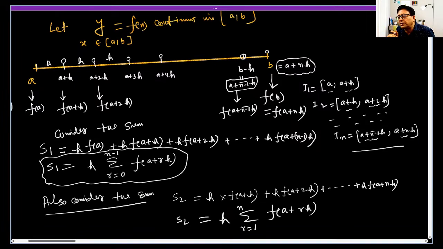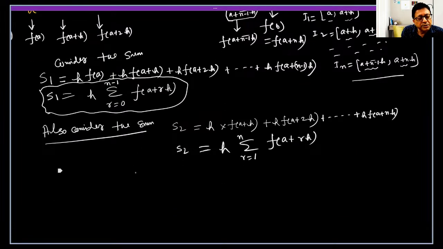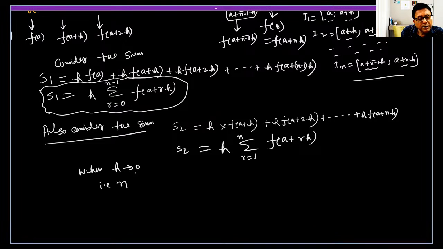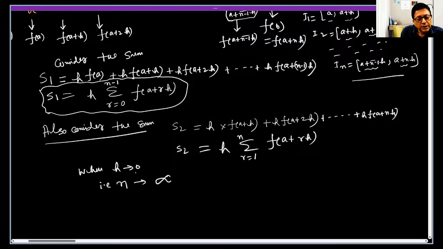Consider this situation. So either you consider h tending to 0, that is, you agree or not? Because length of subdivisions tending to 0, so number of subdivisions tending to be infinite.